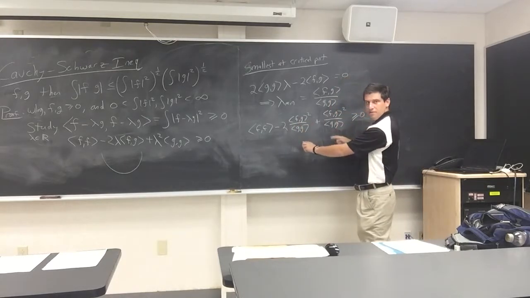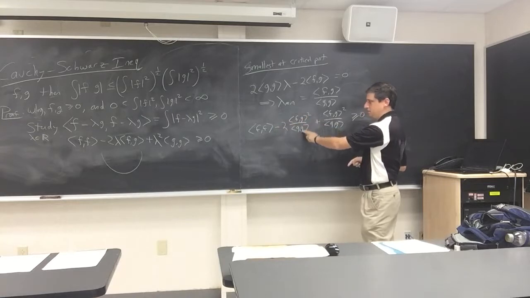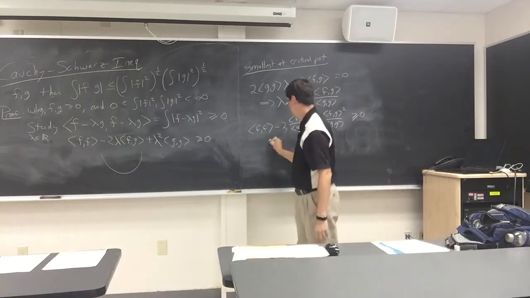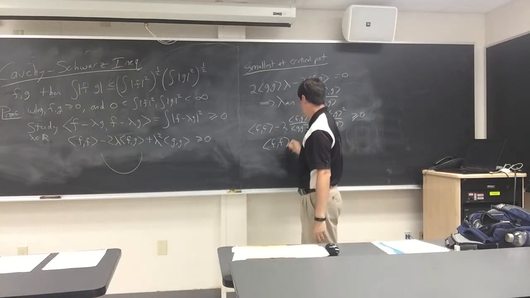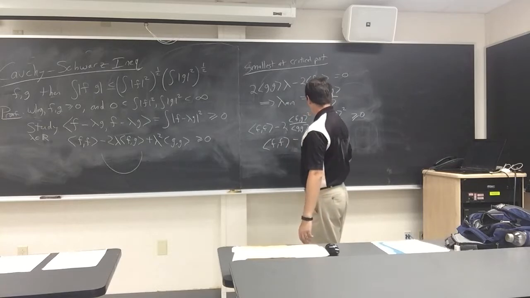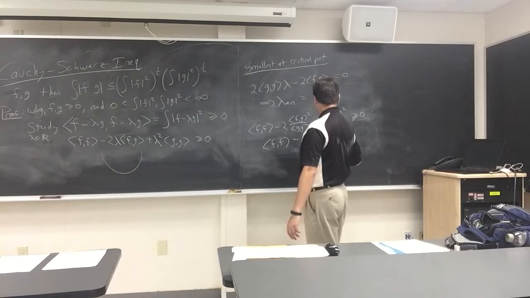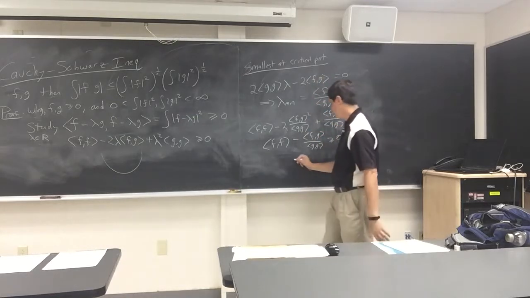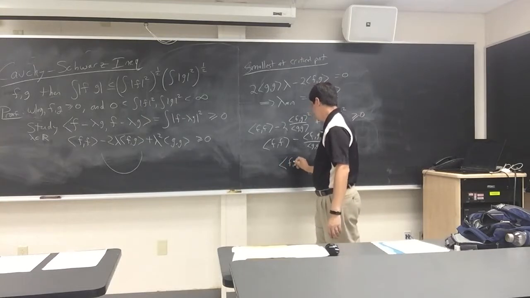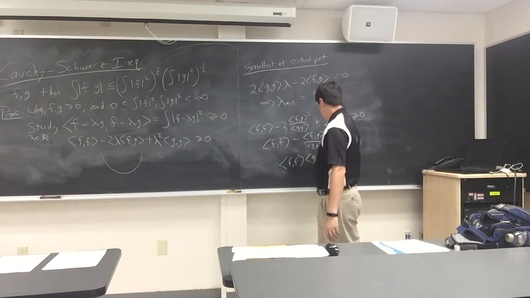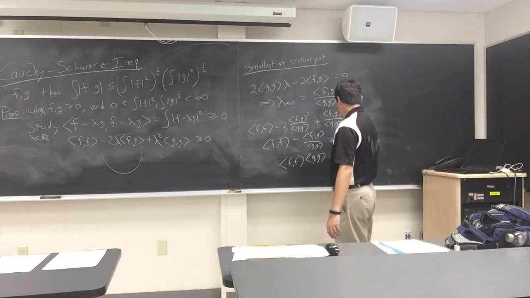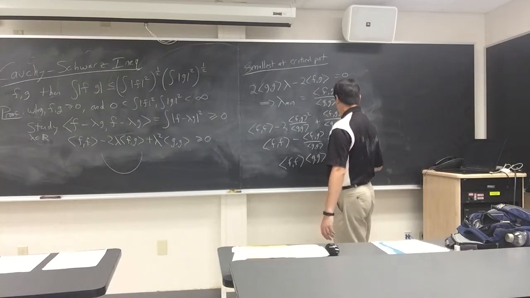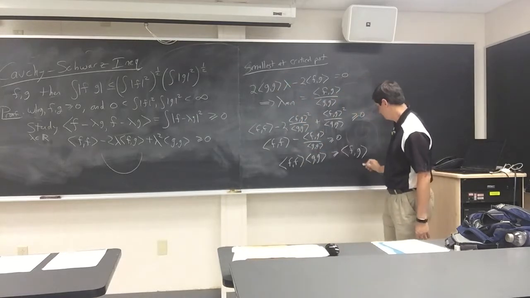They're the same. So we get f dot f minus (f dot g) squared over g dot g is greater than or equal to 0. So all we do now is bring this over and subtract, and we'll get f dot f times g dot g is greater than or equal to (f dot g) squared. And that's what we wanted to show.